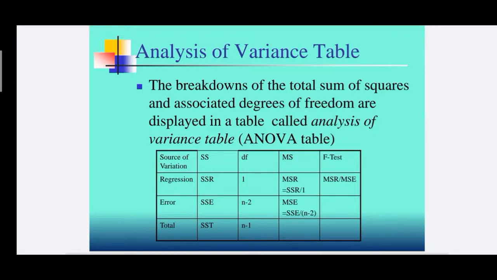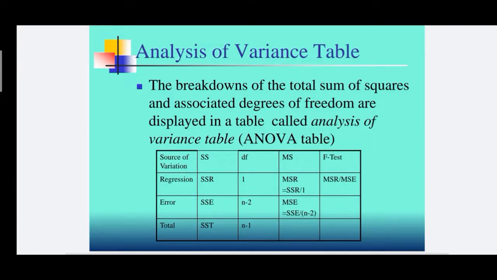So SSE here is n minus 2, because we deal with a simple linear regression, so we lose 2 degrees of freedom because we estimate the parameters beta naught and beta 1.